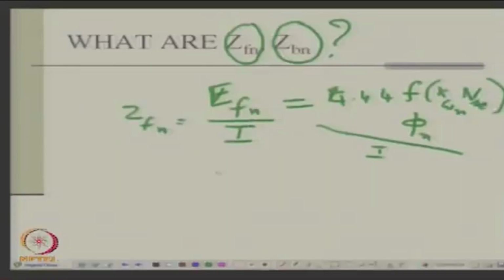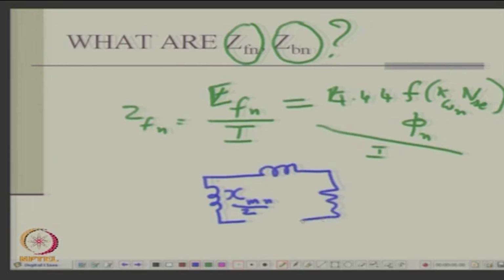If I ask you to write that, the approximate circuit will have its magnetizing reactance by 2. You look at the equivalent circuit. So, this will be your ZFN.